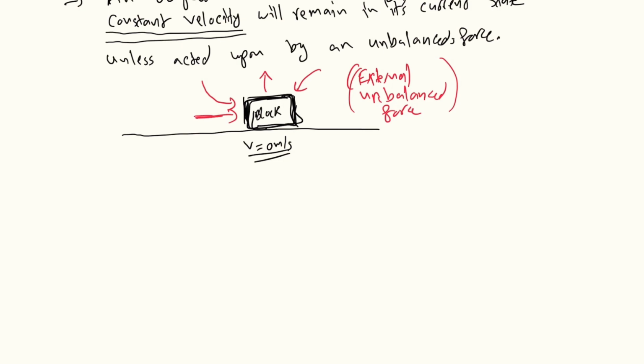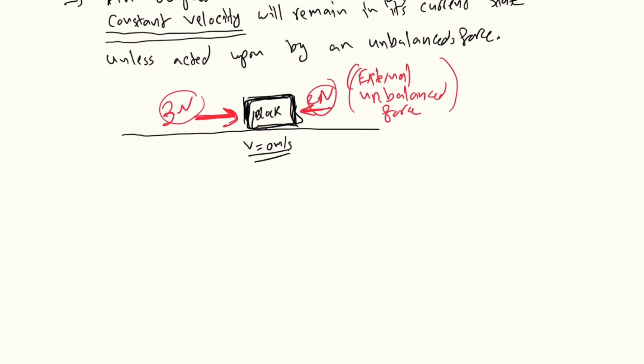Let's say I'm pushing the block with 2 newtons, and I'm pushing it in the other direction with 2 newtons. What's going to happen in this case? These forces are going to cancel each other out because they are balanced. So it's as if nothing is acting on the block.